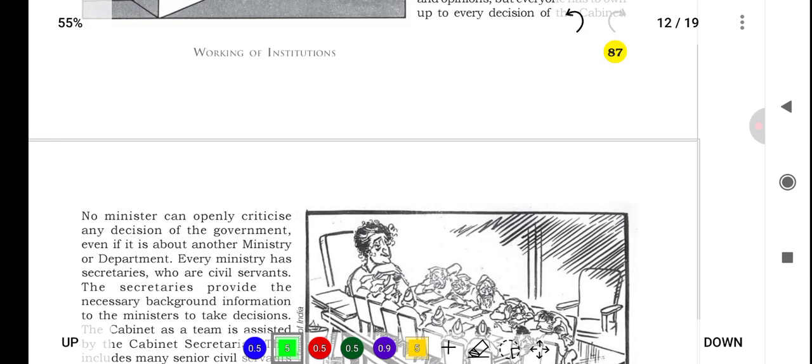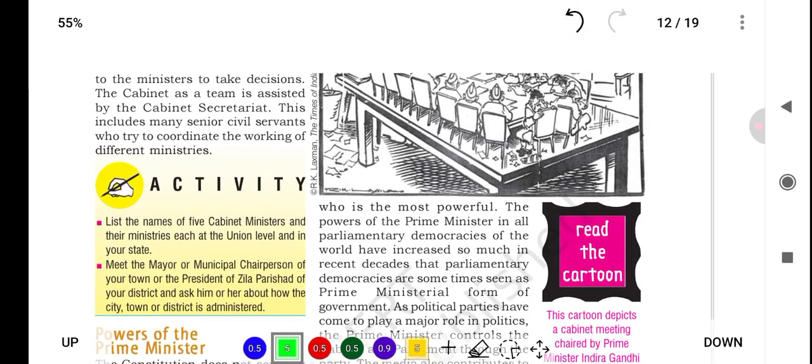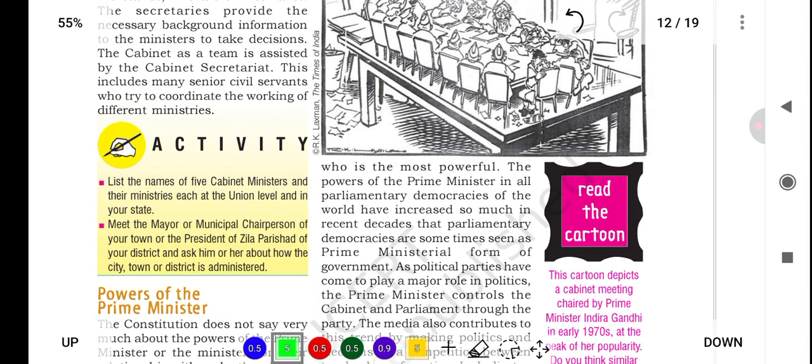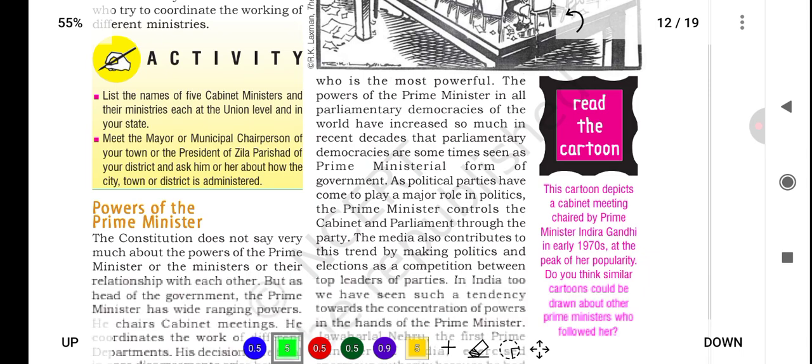Then here, how Indira Gandhi is heading the government, you can see. This cartoon depicts a cabinet meeting chaired by PM Indira Gandhi in the early 1970s at the peak of her popularity. Do you think similar cartoons could be drawn about other prime ministers who followed her? I would say I'll not comment about this.